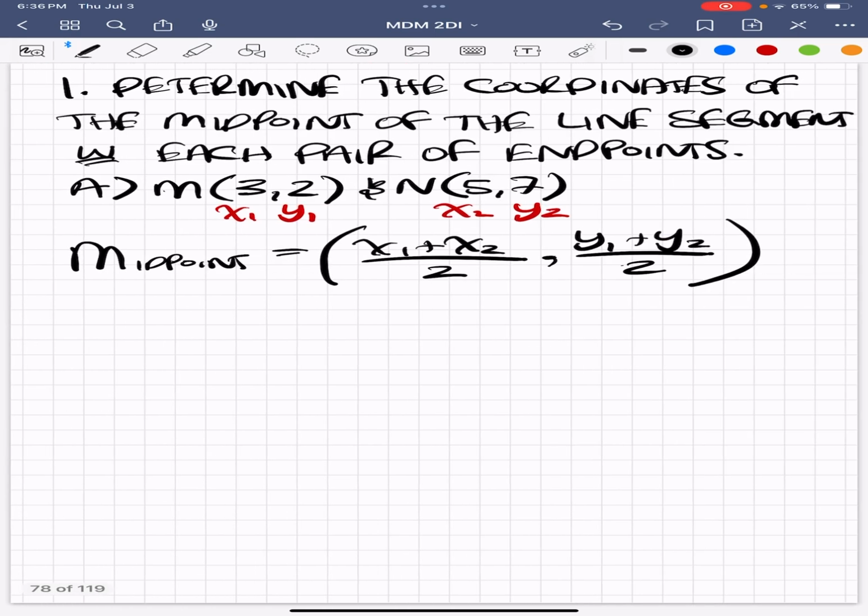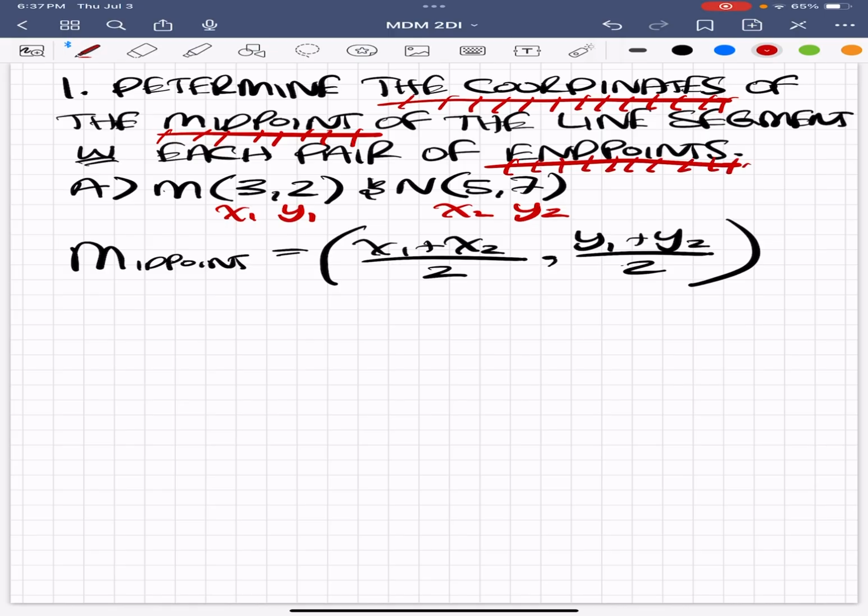So let's begin. Determine the coordinates of the midpoint of the line segment with each pair of endpoints.